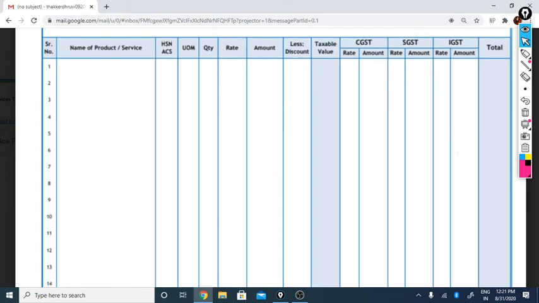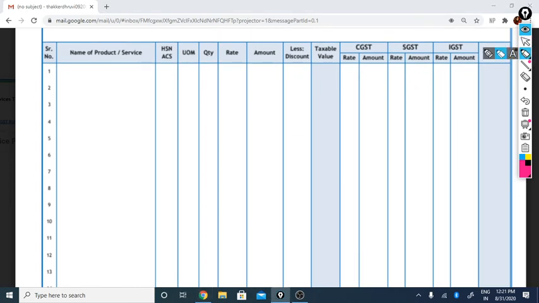Moving forward, the next component which is very essential in the debit and credit note is the taxable value. It is the value on which the tax has to be taken. So that value has to be mentioned.